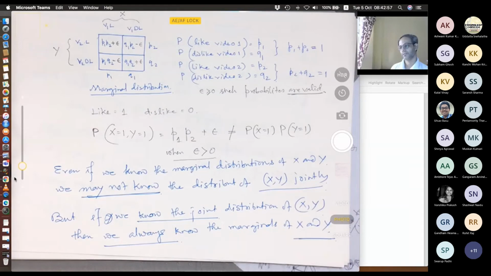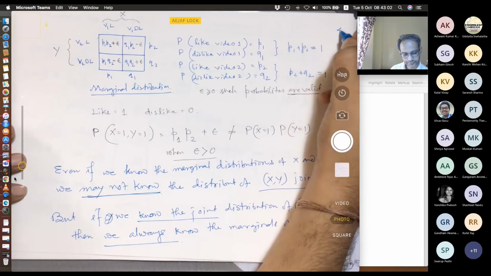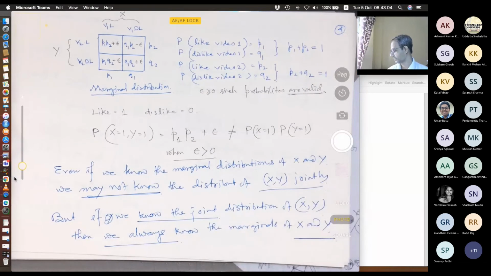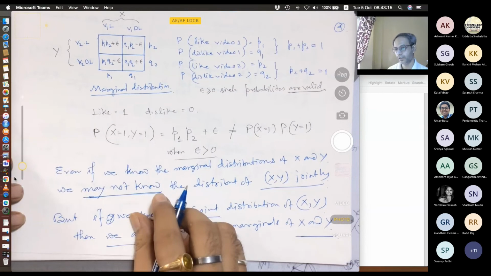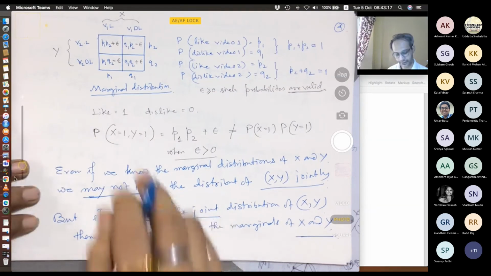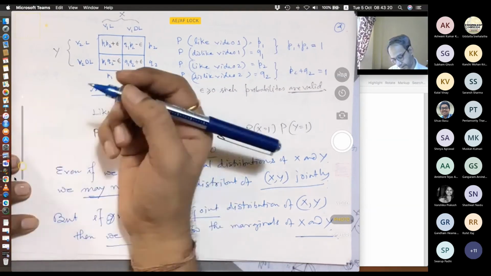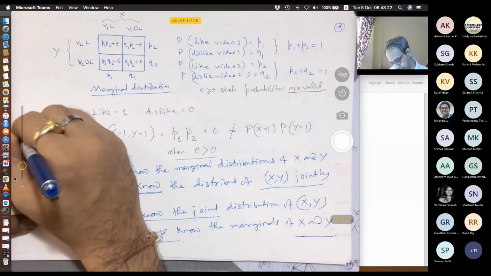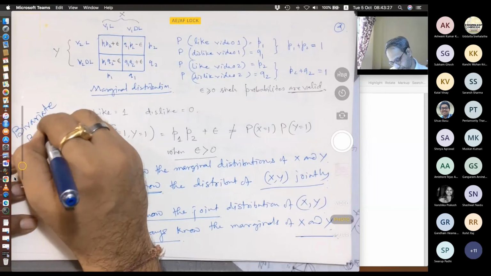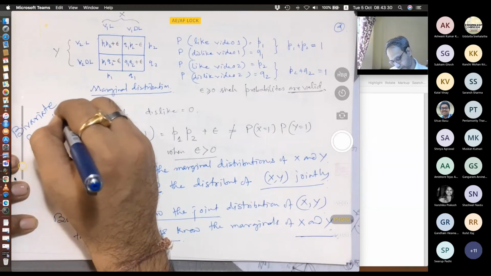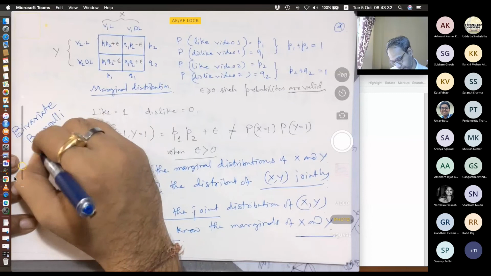This is the fundamental difference. Is the point clear? Does anybody have any query? This is a very fundamental thing. And this particular model is one way of modeling. There are many other ways, but this is one particular modeling of a bivariate Bernoulli random vector.